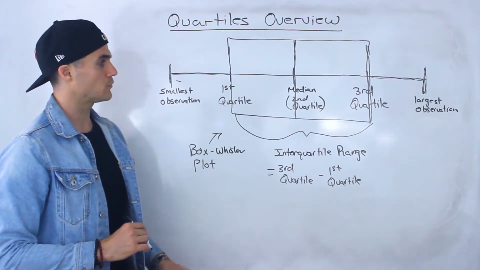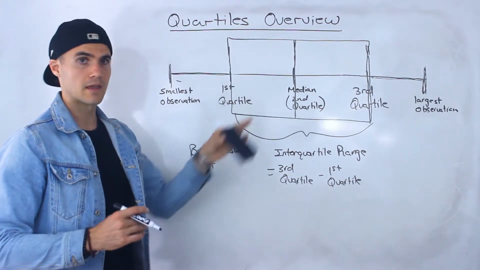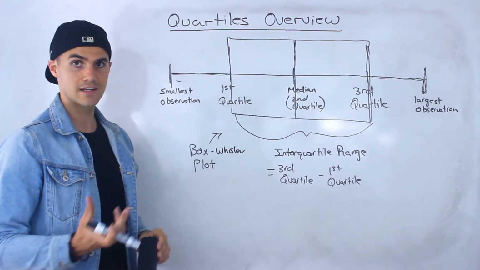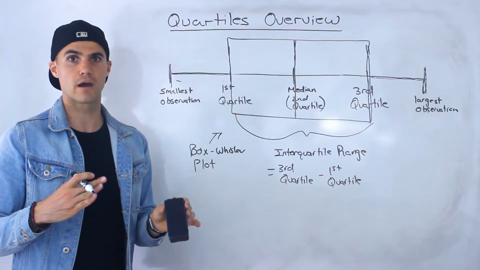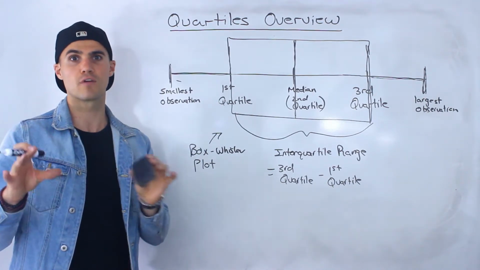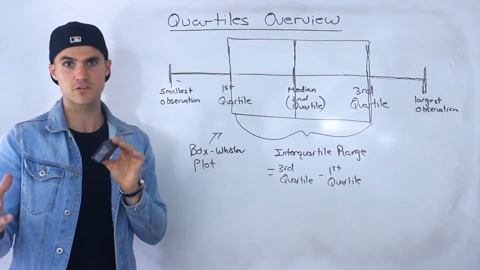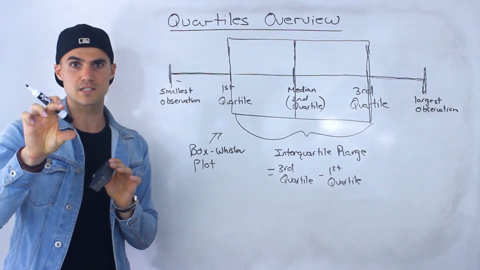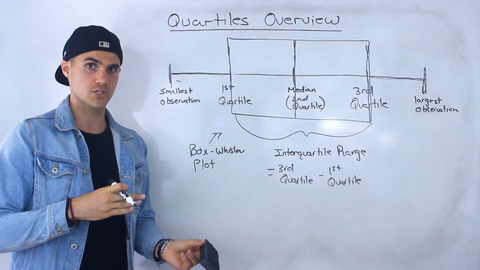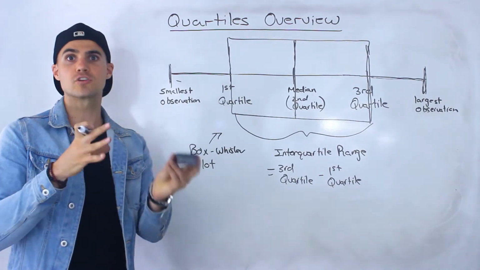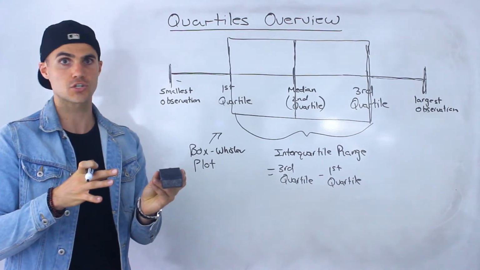Now, if you remember, when we talked about medians back in the central tendency section, we talked about how there were 2 cases in finding the median based on the number of observations. If there was an odd number of observations, then the median was a single value in the middle. And if there was an even number of observations, then the median would be the average between the 2 middle observations.